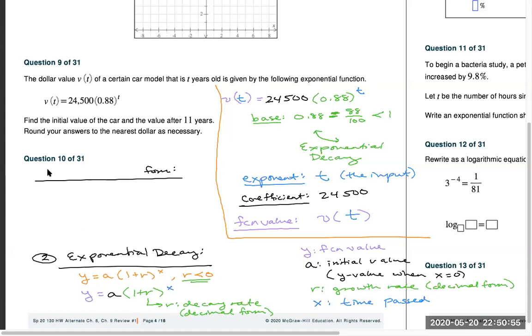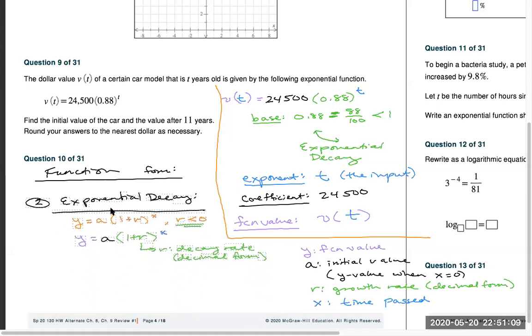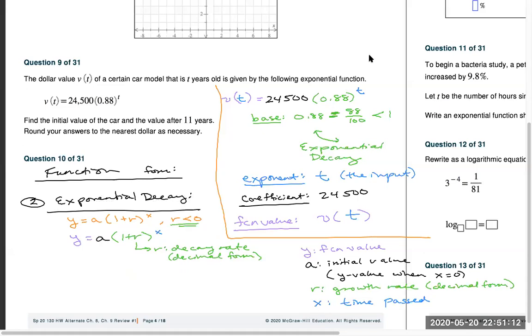So now we're going to have function form. Just to bring this back. Okay, so in comparison, you might see something like v of t replaced for the function portion.